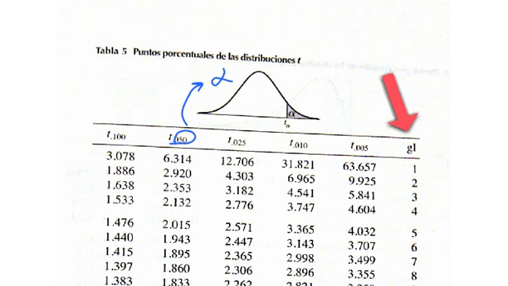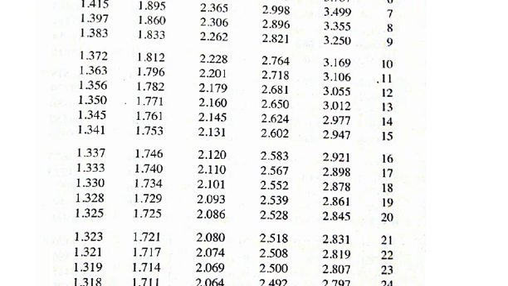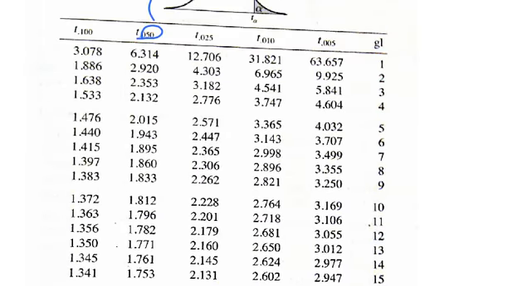So here we have the table. We are going to look for this column and the 20 degrees of freedom. The 20 degrees of freedom are here. And the column is this one. Just let me check that this is the column.